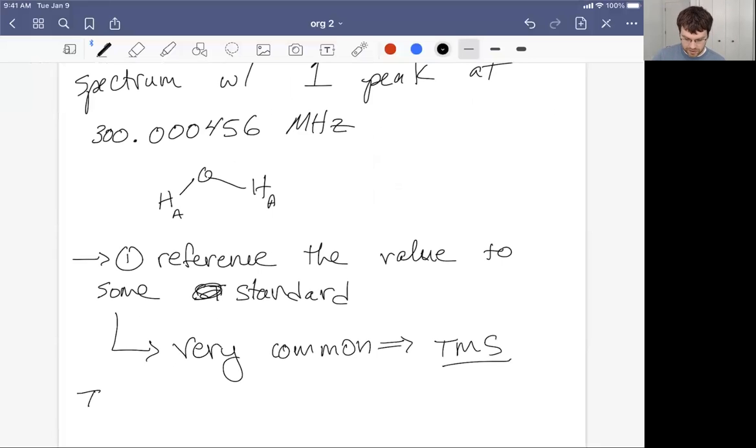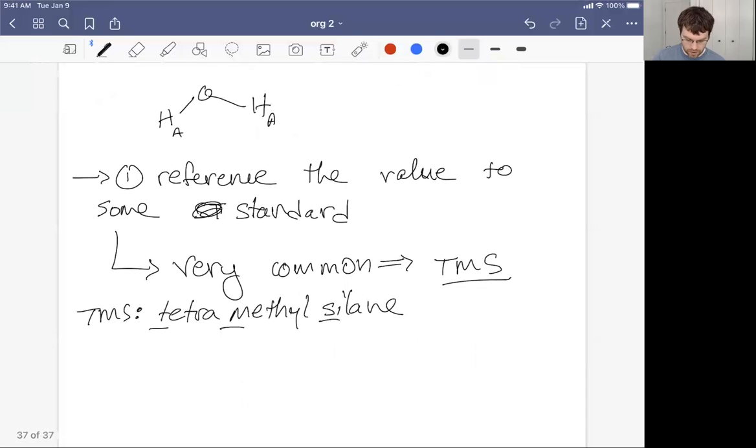So TMS is tetra, that's where the T comes from, methyl, that's the M, and silane, that's the S, TMS. Okay, so tetra is 4, methyl is CH3, and silane refers to a silicon with no oxygens directly attached to the silicon atom.